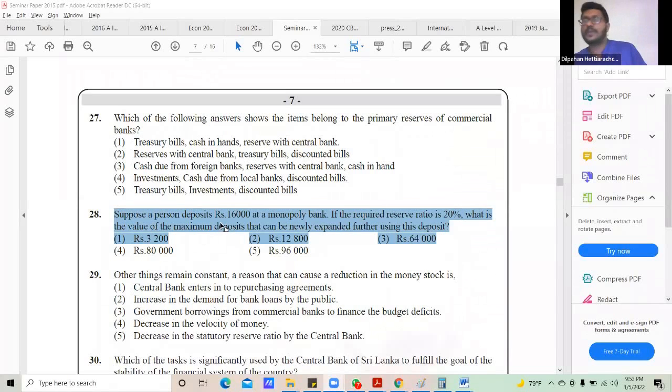But when we do our calculations, if the calculation is regarding a monopoly bank, you have to do your calculation as a banking system calculation. Remember, even though it is a bank, since it is a monopoly bank, the whole credit creation, which is normally done by the banking system, will be done by this one and only bank, right? So we don't have to think a lot about a monopoly bank.